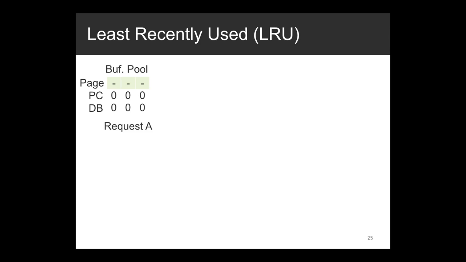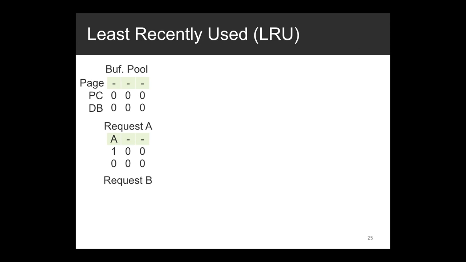First thing is a request for page A. You read it from disk, all 3 frames are empty, so the buffer manager can just push it into the first frame. Does this make sense? So now the buffer has page A in the first frame, the second and the third frame are empty. And because you have a page that's in the frame, its pin count is set to 1. So it gets pinned.